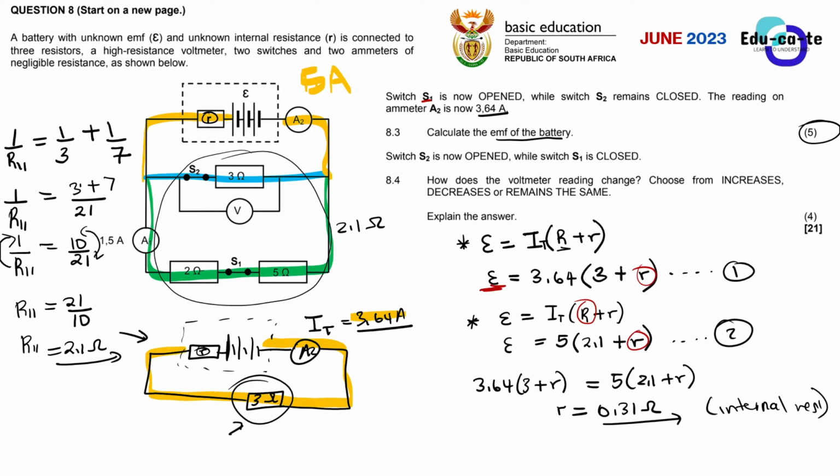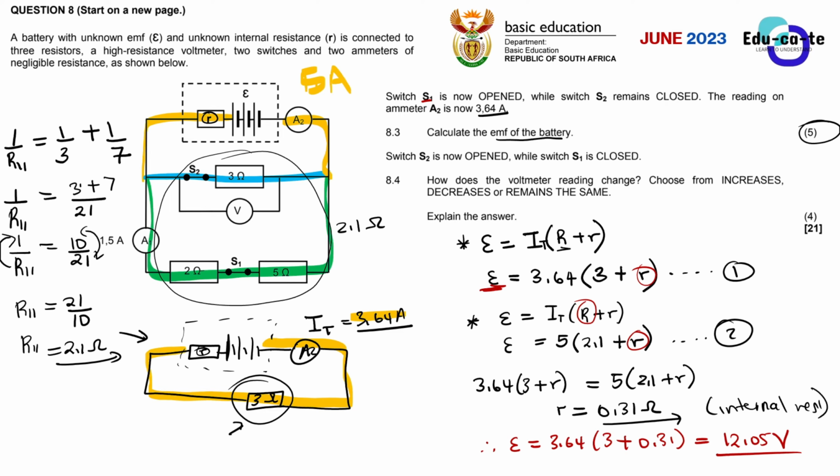Therefore, the EMF is 3.64 into (3 plus 0.31), and that gives you an EMF of 12.05 volts. So that is the EMF of the battery.